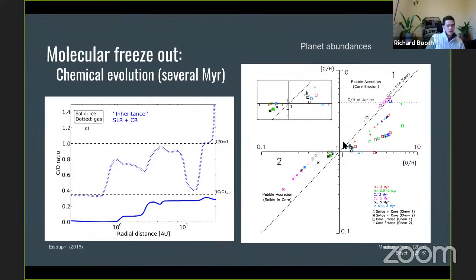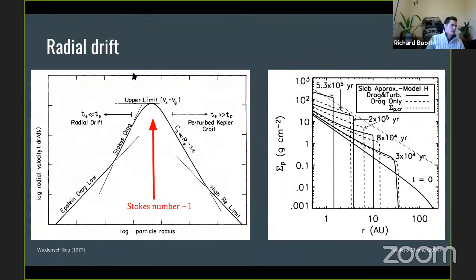So what I got interested in was that these pebble accretion models that Madhu used in this paper actually require dust in protoplanetary disks to be big and to drift. So if we go back to the classic papers, this is from Weidenschilling on the left, 1977, who showed that the radial drift velocity through a protoplanetary disk depends on the size of the dust grains.